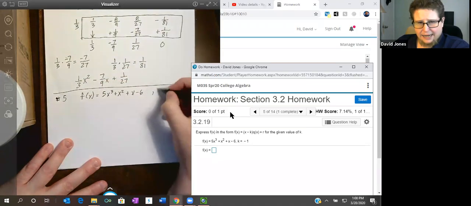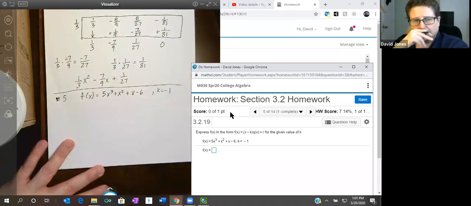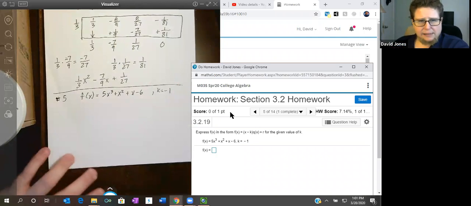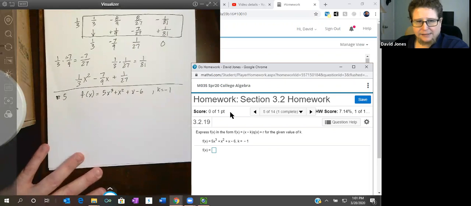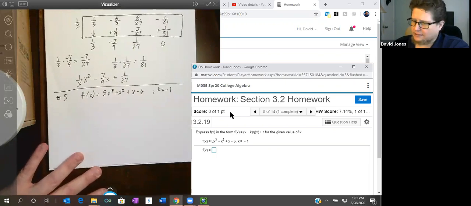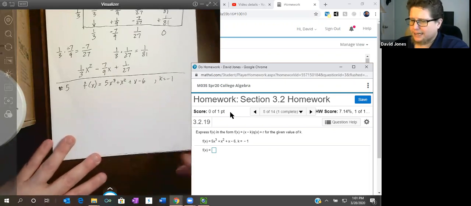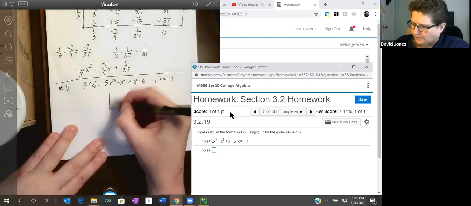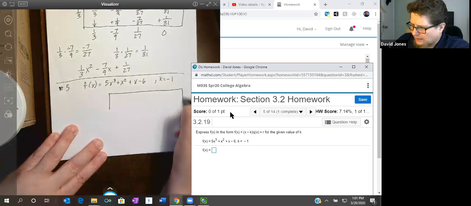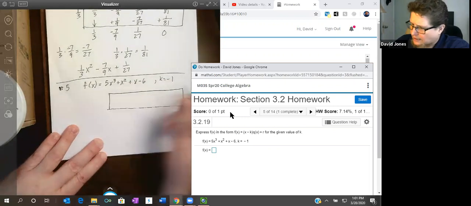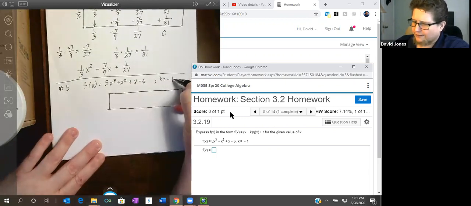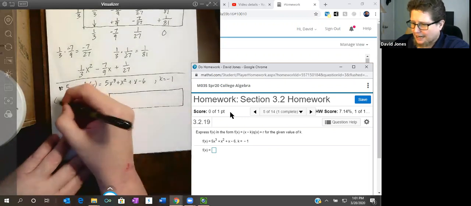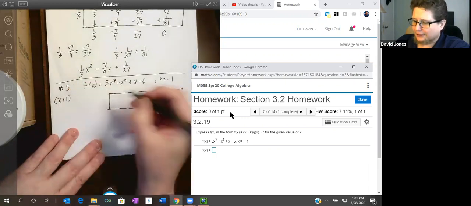And they'd say k equals -1. And they want us to express f of x like that, which means we need to do the synthetic division. K equals -1 tells me that x plus 1 is a factor.